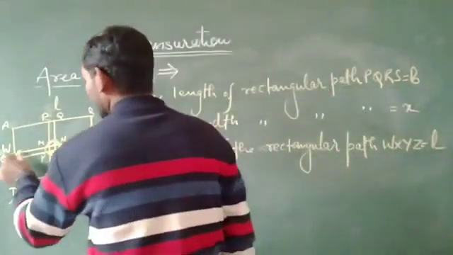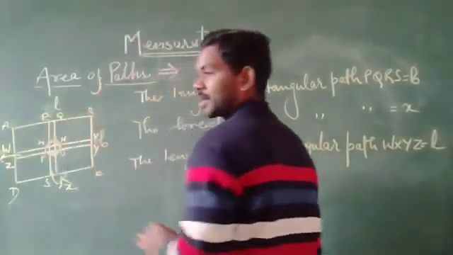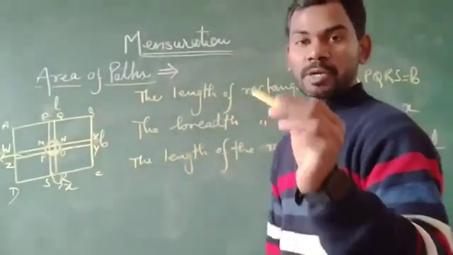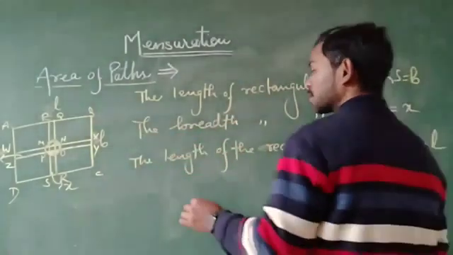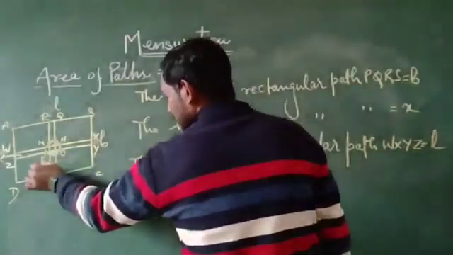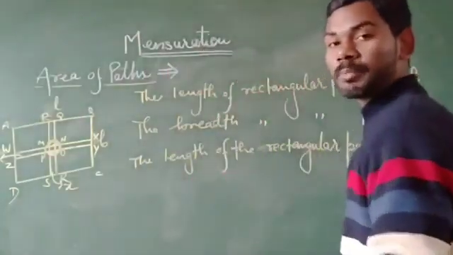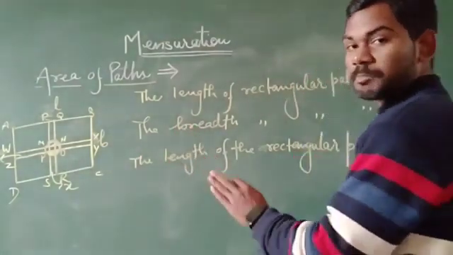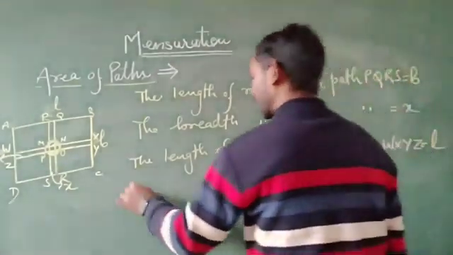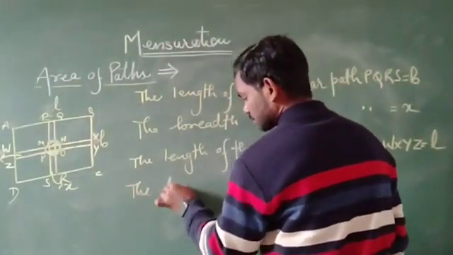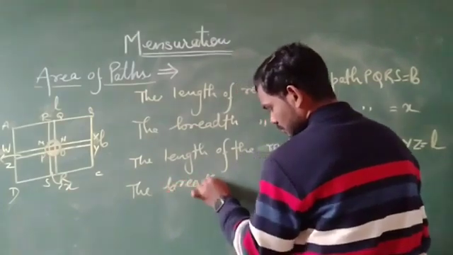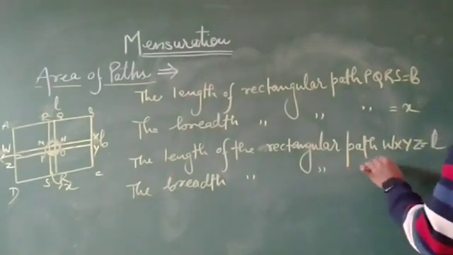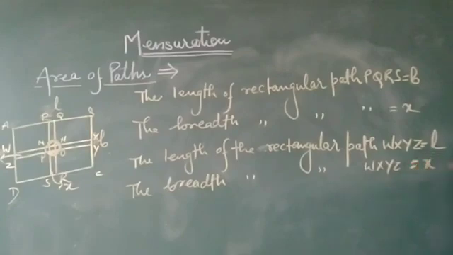Because this path is along the length of the rectangle, and since the length of the rectangle is L, the length of the rectangular path will also be L. And if we think about the breadth, since we know that both paths have the same and uniform thickness, which is x, therefore its breadth will also be x. So the breadth of the rectangular path WXYZ is equal to x.